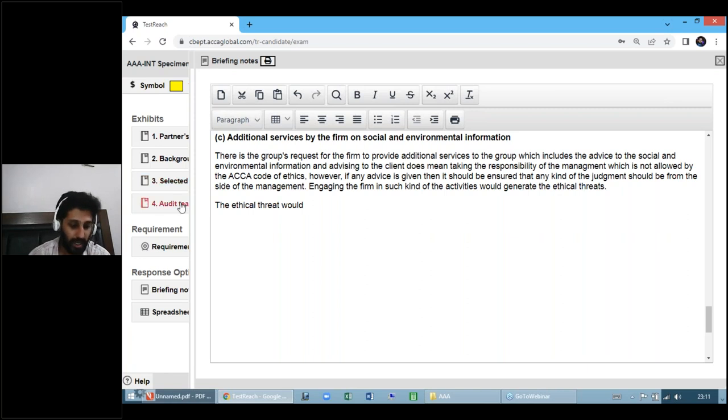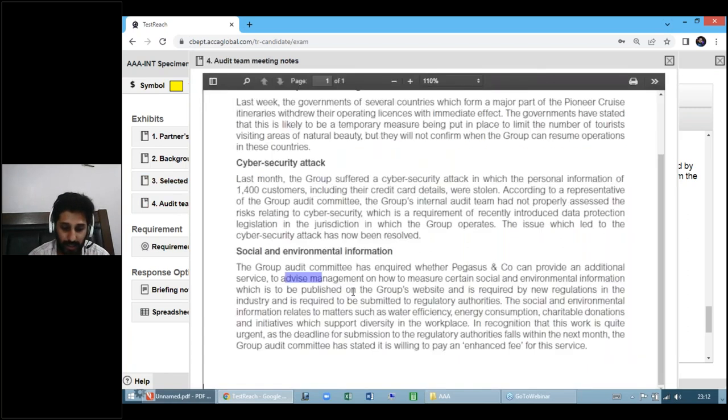If I can just read this, since it would be published, there would be the self-review threat. You know why the self-review threat is? Since this is other information, there would be self-review threat in two perspectives. Number one, if the audit firm gives the advice, it will definitely have an impact on the financial statements, like the charitable donations and energy consumption, all of which would be financially recorded in the financial statements, right?